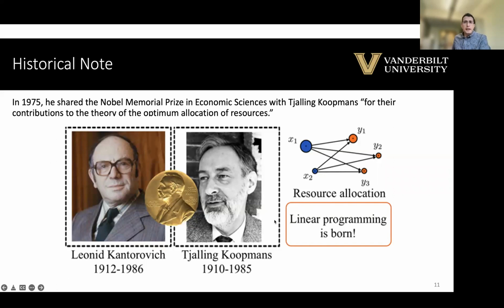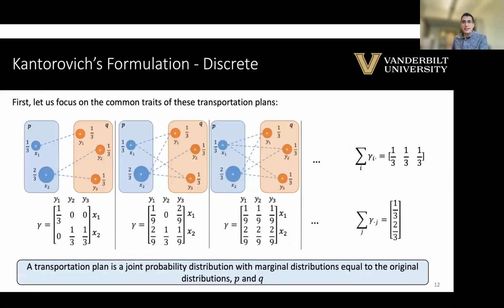Okay, so now that we know a little bit of history and a little bit of high-level idea of what optimal transport is, let's first focus on defining the problem. I'm going to use the Kantrovich formulation and define the optimal transport for discrete distributions, because I think that's easiest to follow for those of you who are not familiar with the topic.